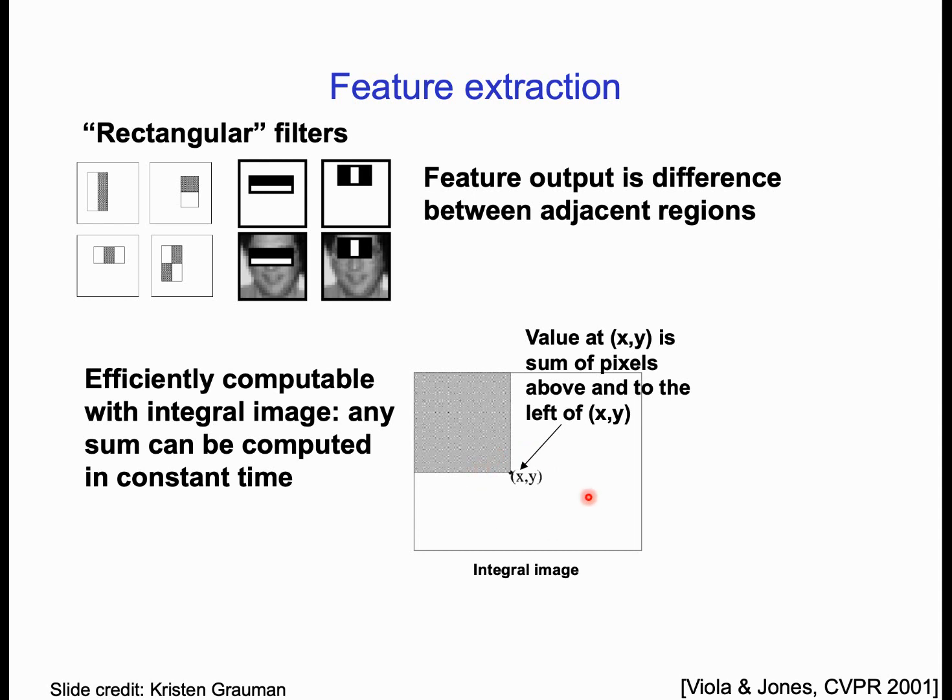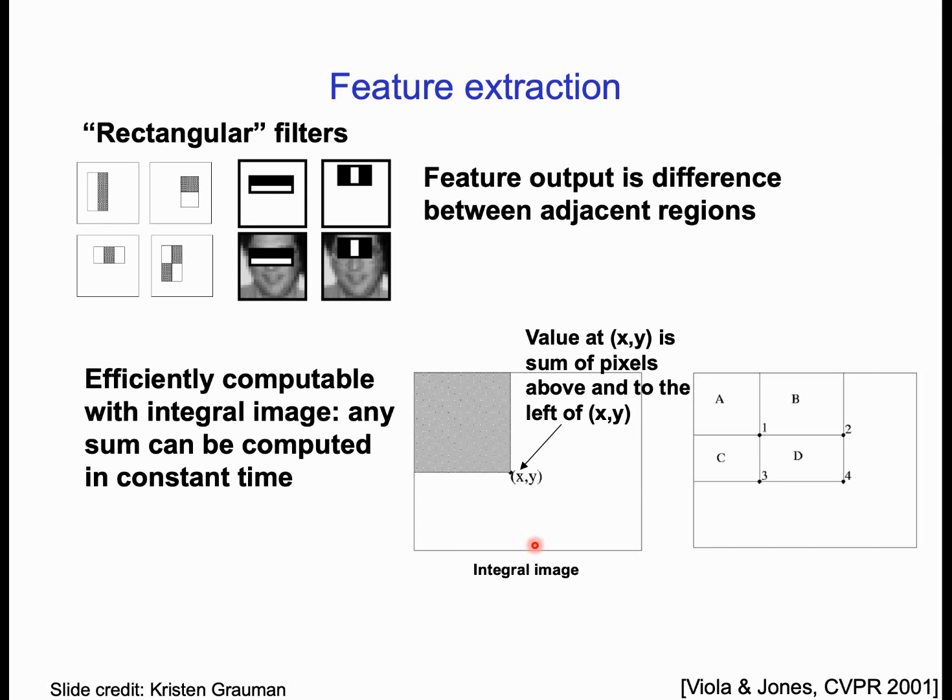At point x, y, the integral image simply represents the integral of all the intensities to the left and above this x, y pixel. For a given image, if I can construct an integral image like this, then computing any integral feature, like the ones I've given here, can be done in constant time by simply reading off values and subtracting simple intensities in the integral image itself.